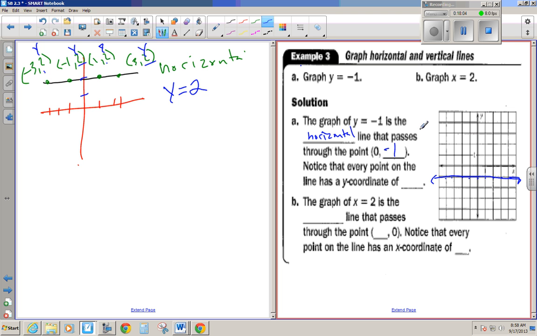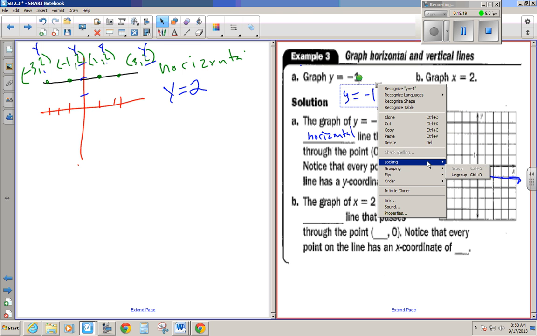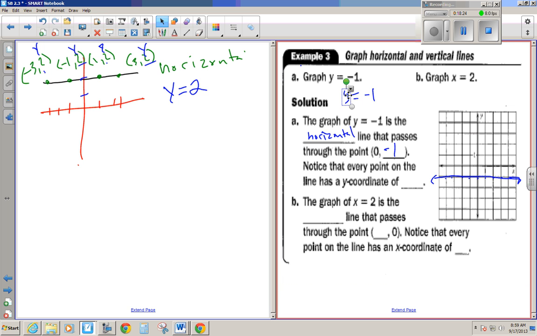Now, one way I try to remember this is right here. Let's write y equals -1. Now, take a look at this y.